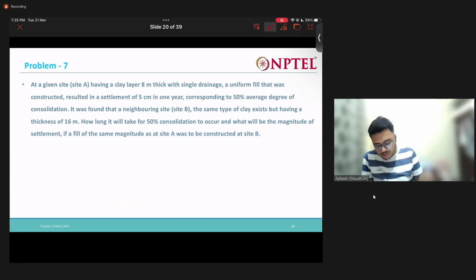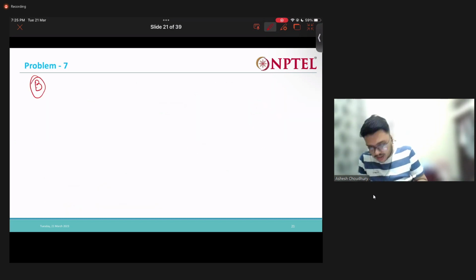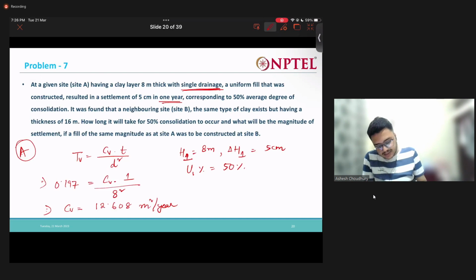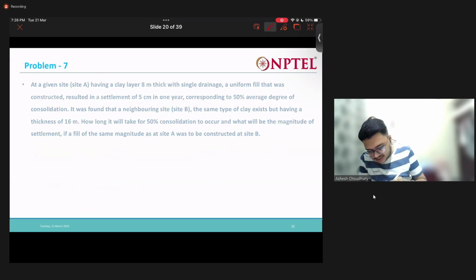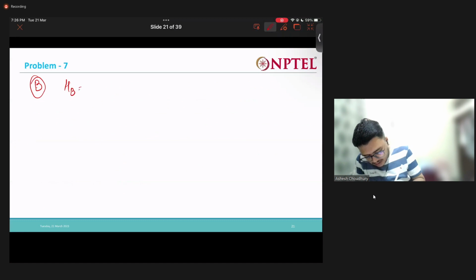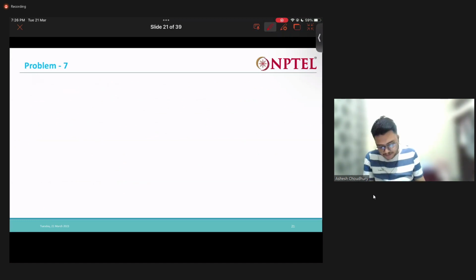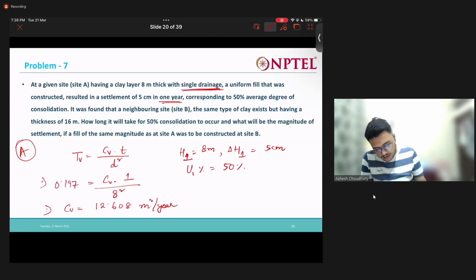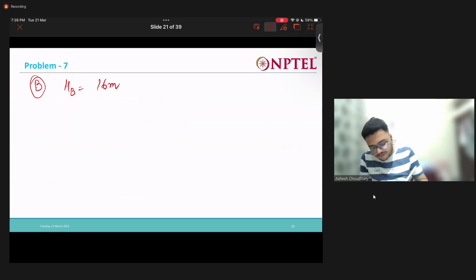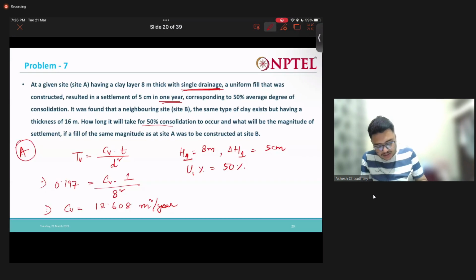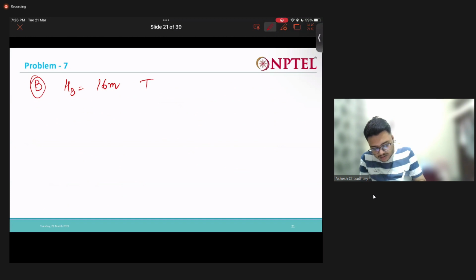Now let us go to site B. In site B, the same clay exists, but the thickness is now 16 meter. Tv for 50% consolidation is again 0.197.